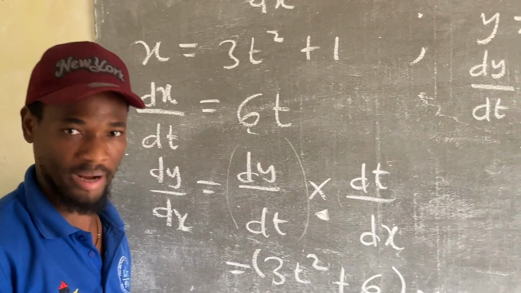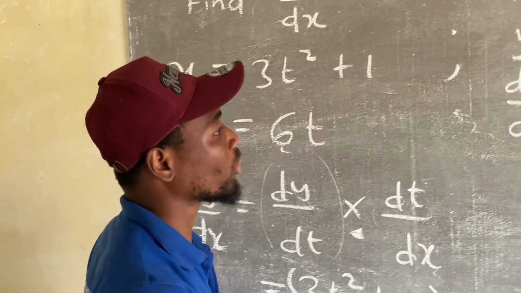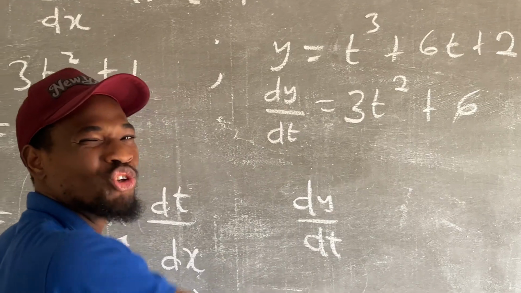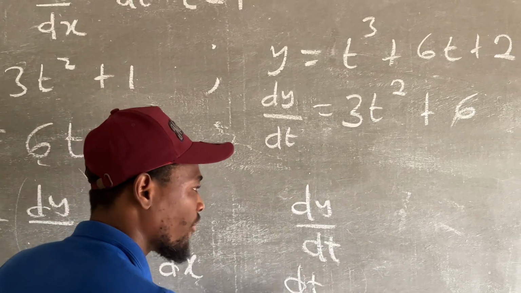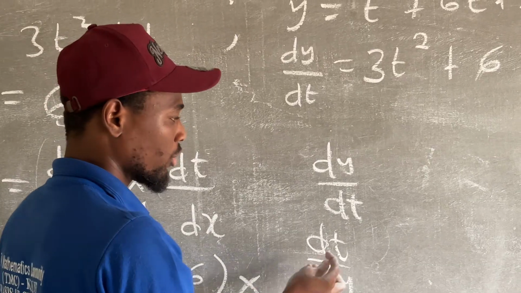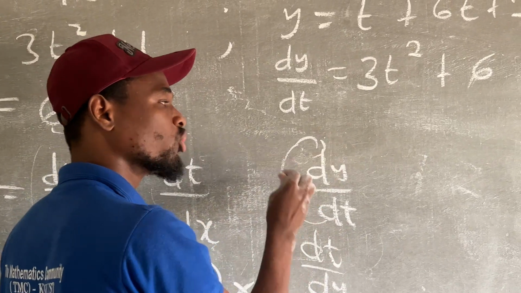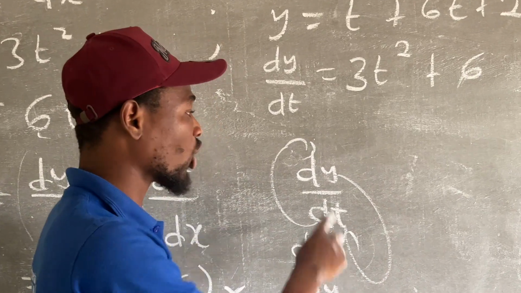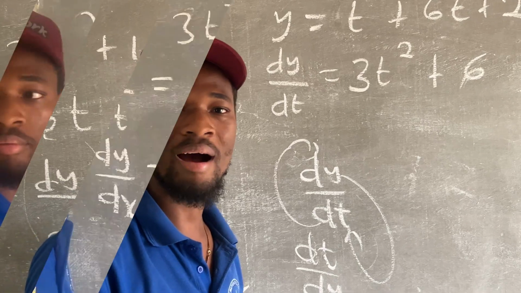I taught you this, right? So when you have dx over dt and you want dt over dx, just interchange them. You bring the denominator over here as your numerator, and you bring your numerator as your denominator, as simple as that.